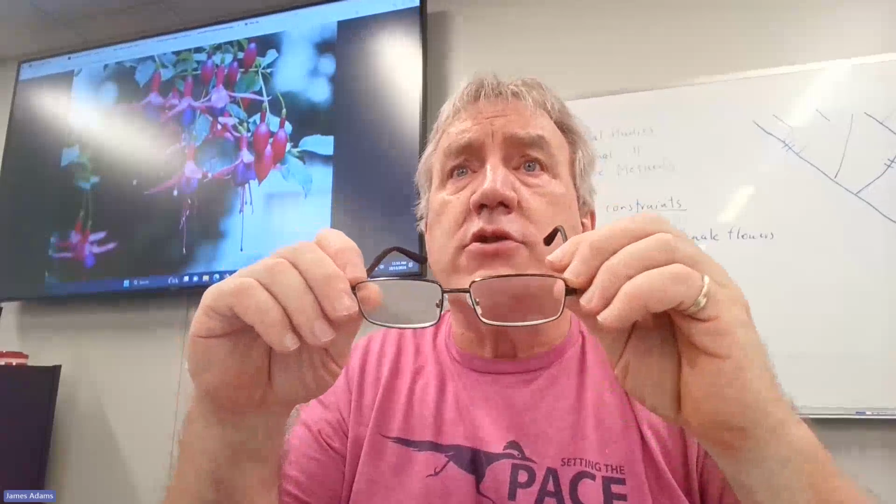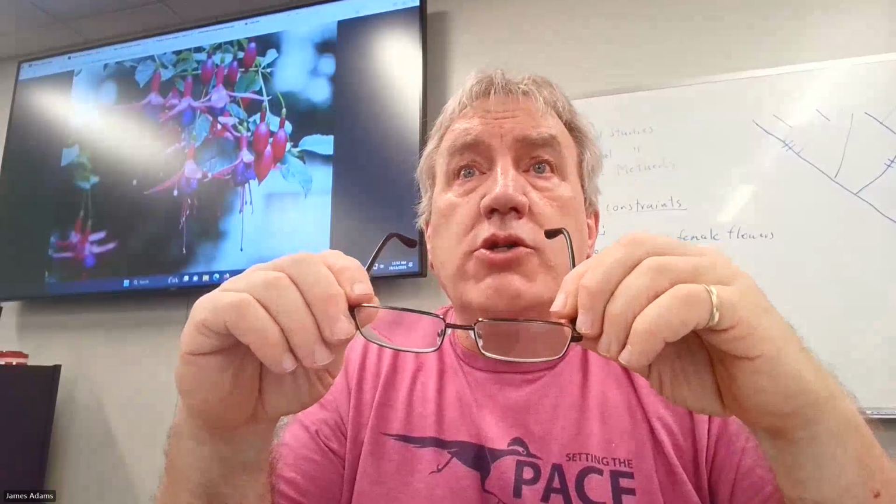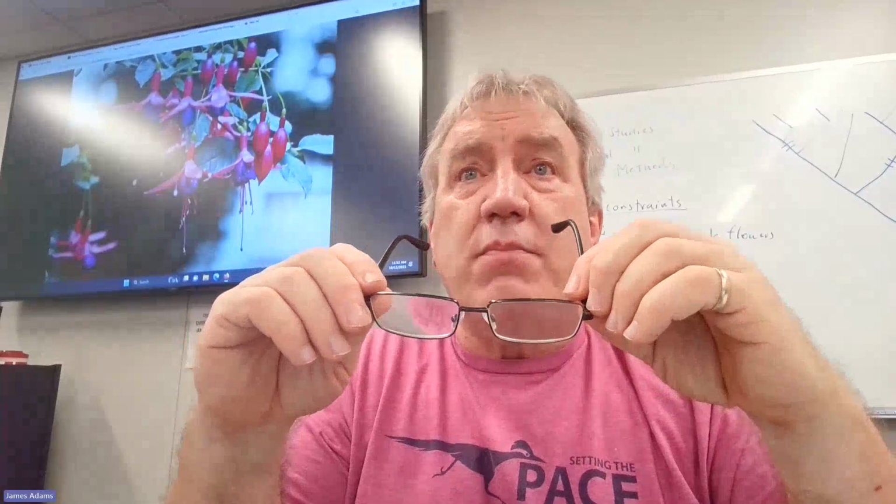Metamorphosis hormones. Now, what do I mean by metamorphosis hormones? Would someone like to tell me a group of vertebrates that goes through an interesting set of metamorphoses? Starts out life looking like one thing, ends up life looking like something completely different. Group of vertebrates.